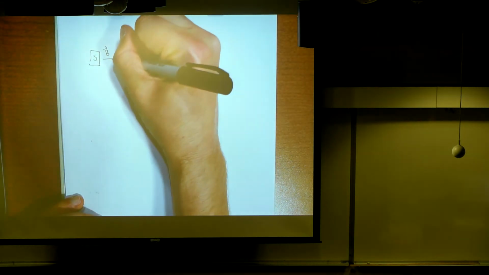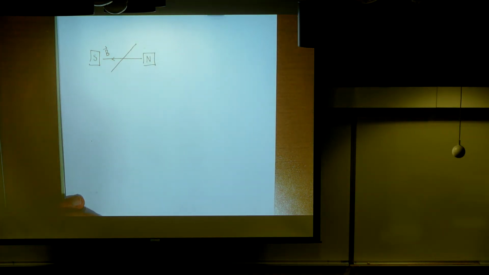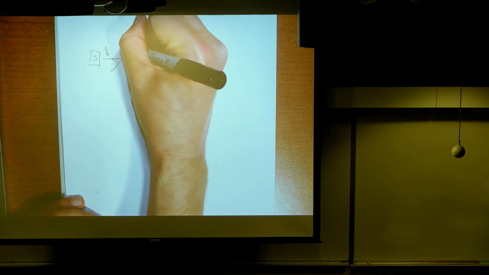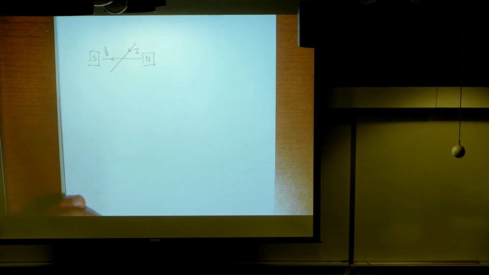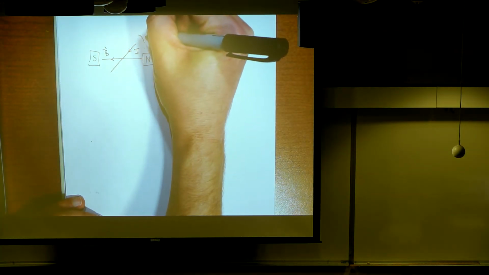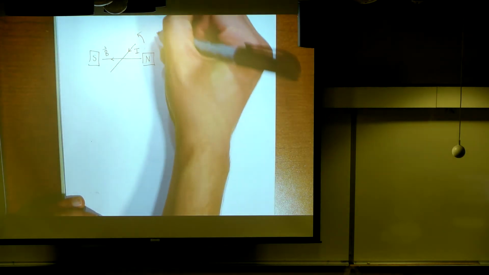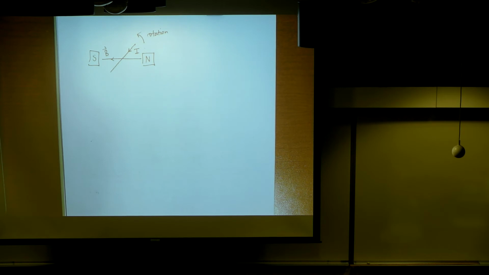Then I'm going to imagine that we have our loop, which we're seeing edge on. And for this illustration, let's just say the current in that loop is going like this, and let's also say that it's rotating in this direction.